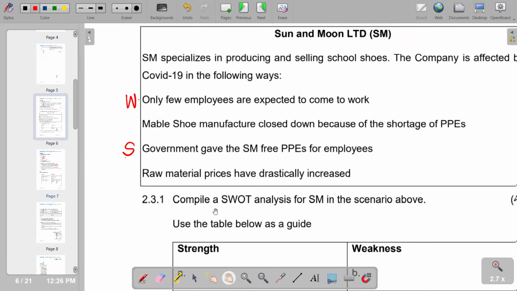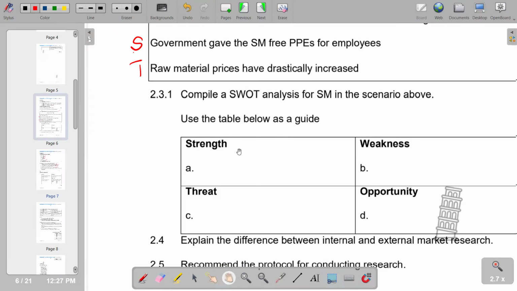What is a threat that we have? If you come to the last part, it reads: raw material prices are drastically increased. So it becomes a threat. When prices increase, they are going to affect the profitability of the business. And then we've got opportunity.